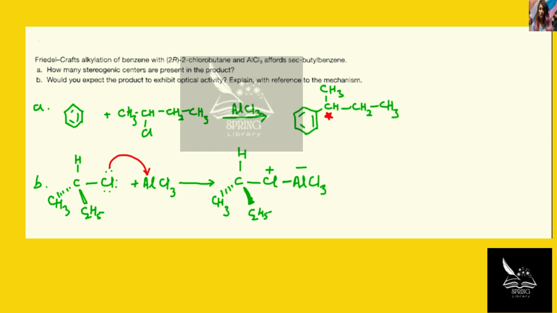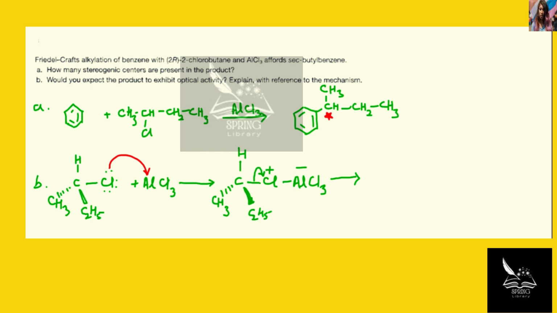After that, this chlorine takes the electron pair and goes with the aluminum chloride.